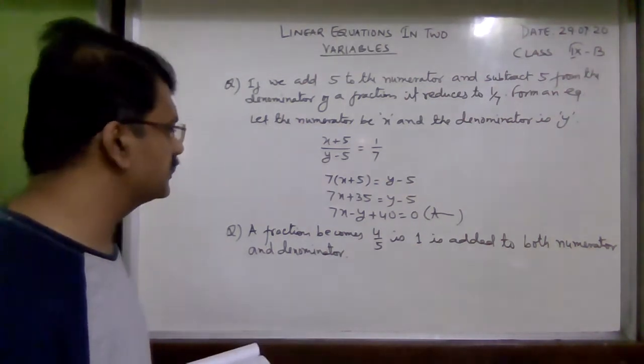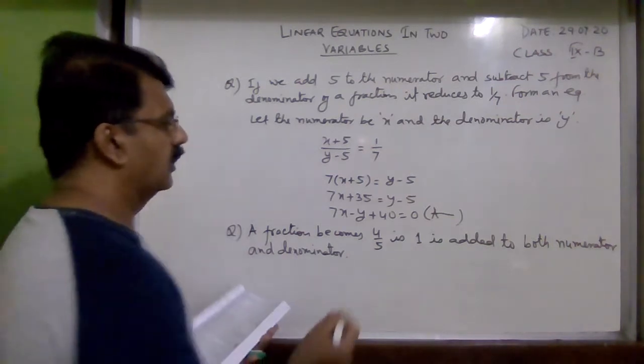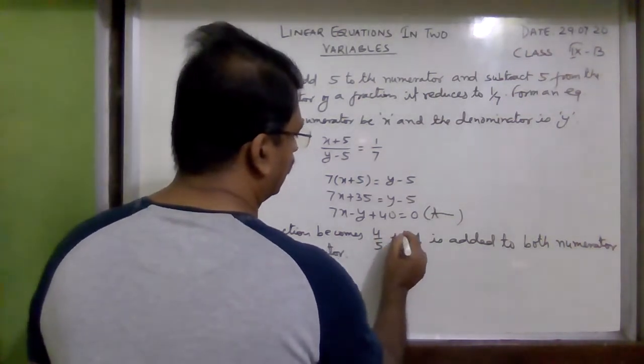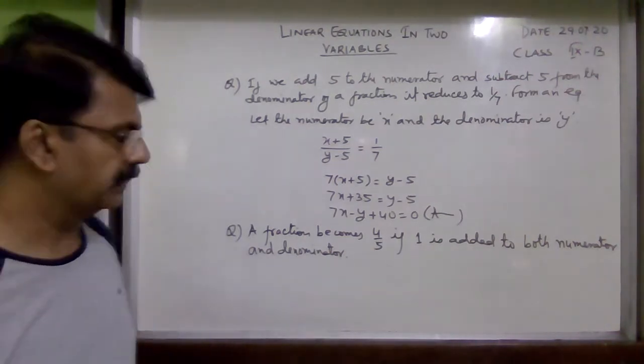A fraction becomes 4 upon 5 if 1 is added to both numerator and denominator.